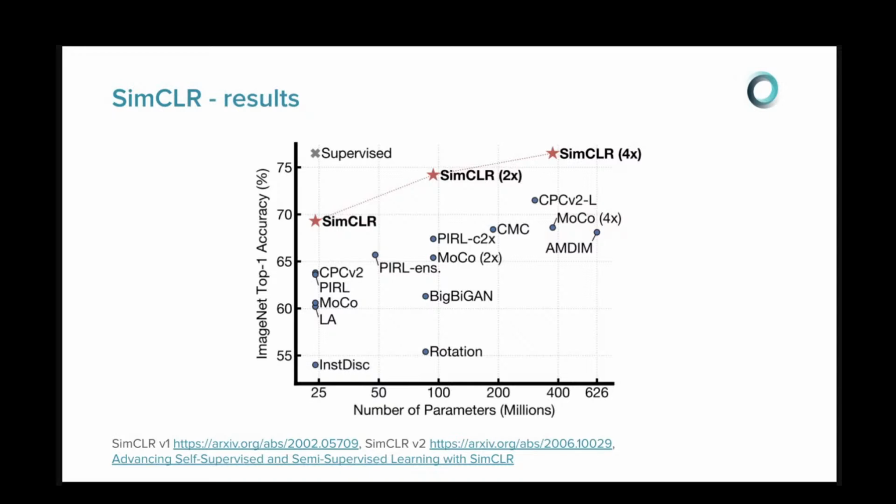And here you see the results. Up here we have the supervised ImageNet Top-1 accuracy, and here you have, with the red stars, the SimCLR results. What you see is that with a similar sized model the gap is bigger, and if you increase the model size for SimCLR, it approaches the accuracy of the supervised setup.